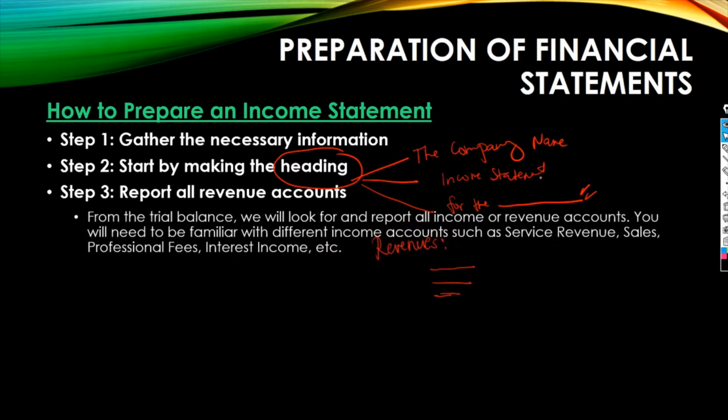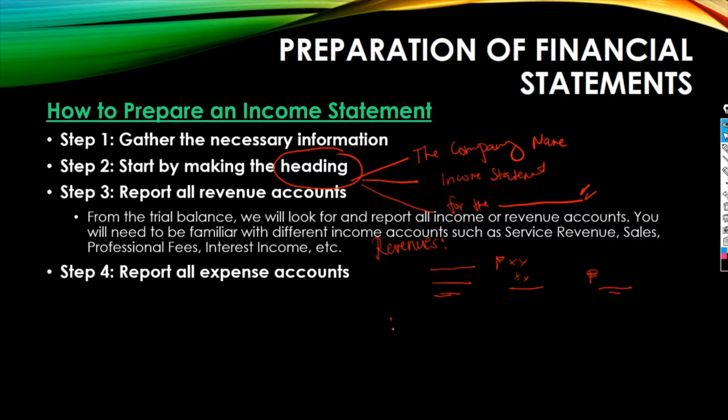Next is to report all expense accounts. After having the revenue here, of course you will total that, total revenue. Then next is the expenses section. You will lay down all the expenses that the company incurred in that specific accounting period, and then you total again. So again, heading, then revenue, then expense.